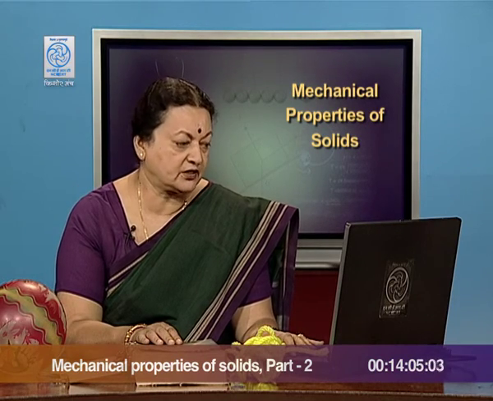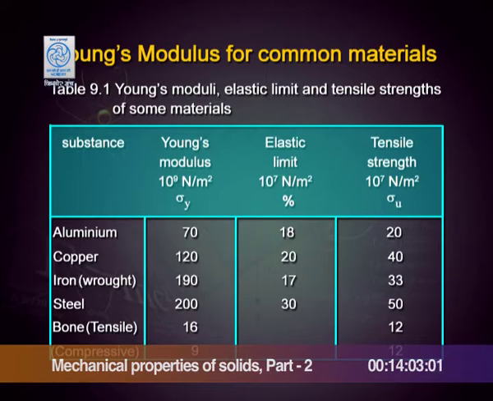Now, if you look at some of the common materials that are around us and study their Young's modulus, notice that the order of magnitude is 10^9 Newton per meter square, which is a very large value. So, if you look at steel, for example, it is 200 × 10^9 Newton per meter square. In the same table, you can also see the elastic limit value and the tensile strength.